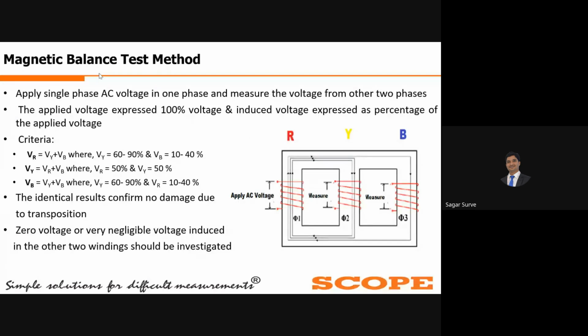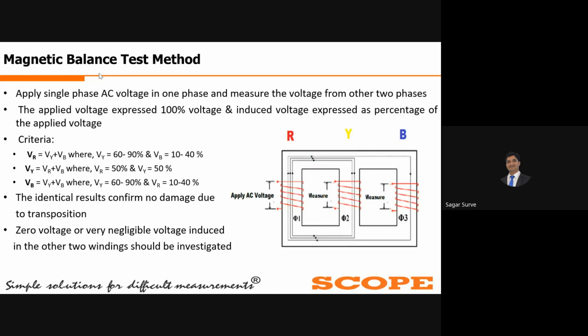If phi 1 is the flux at R, then phi 2 will be about 60 to 90% of phi 1, and phi 3 will be the remaining 10 to 40%. Similarly, the voltage will be generated. Suppose we apply 100 volts to the R phase, then the Y phase will have 60 to 90 volts generated, and the B phase will have 10 to 40 volts.